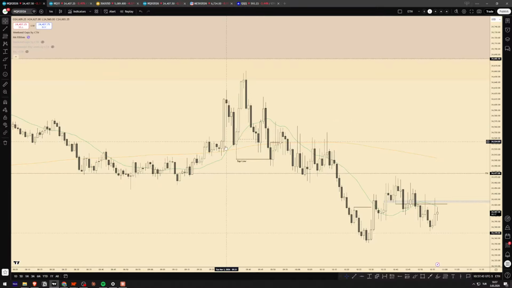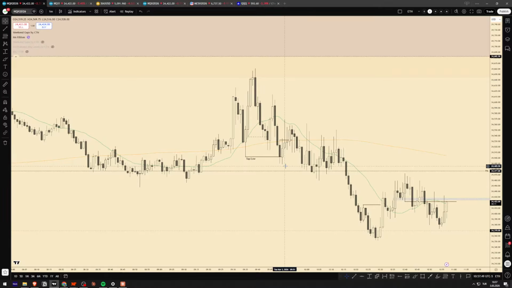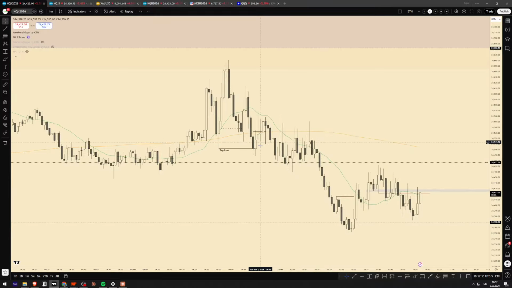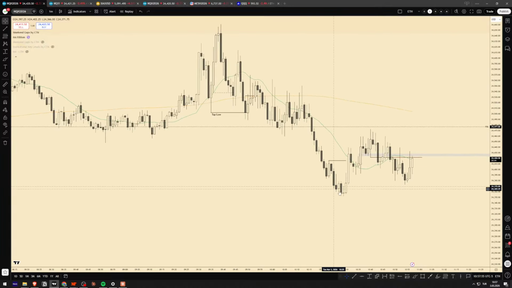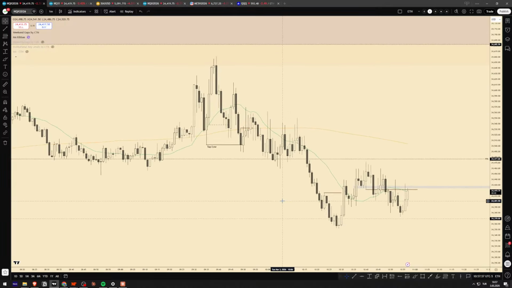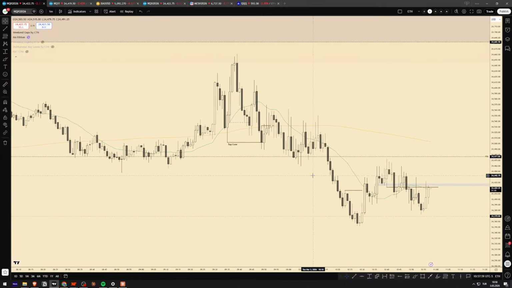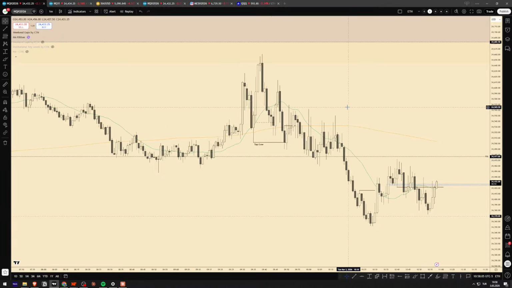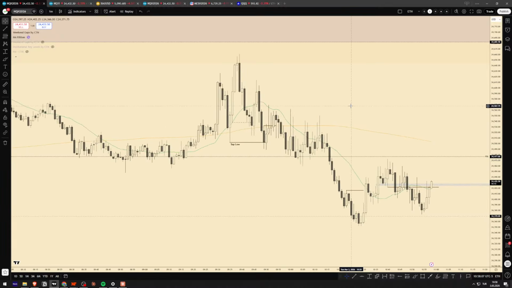I could see this consolidation over here, and I didn't get chopped up around here too much. I mean, I could have taken partials and left this area with break even. Also this area too. I could improve myself on that. If I see some kind of uncertain and slow grind price like that, I could be more cautious about the partials, but that's fine.